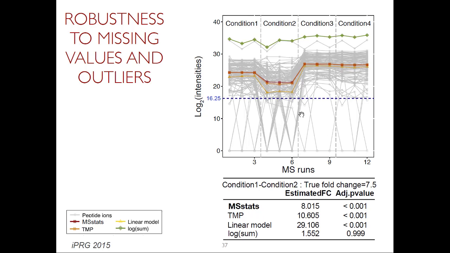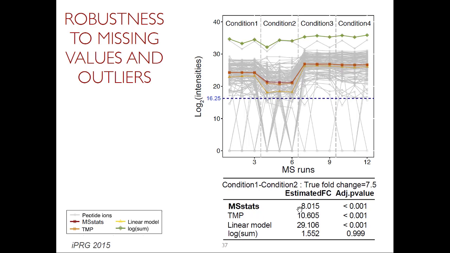It doesn't affect the summary very much, but it's very sensitive to interference in high intensity values because those will dominate the quantification. And it's kind of what you see as well. So here we have some interference in high intensity features, and it really resulted in not being able to detect the difference between the 2 conditions. Tukey median polish is just a robust summarization, so it takes care of outliers but not of missing values, so it's getting closer.